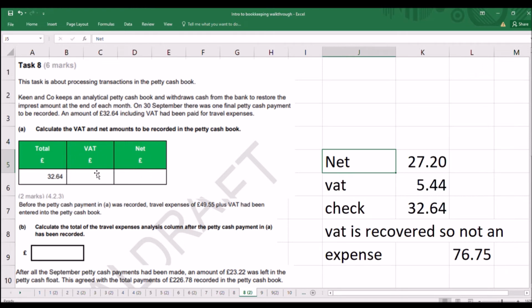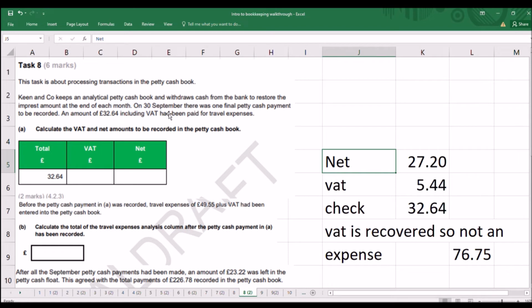That's one way of doing it. Second way of doing it is to divide this amount by 6 to get the VAT amount, £5.44, and then divide it by 6 and times by 5 to get the net amount. You could do that twice actually, to be fair, and that would allow you to check your working.